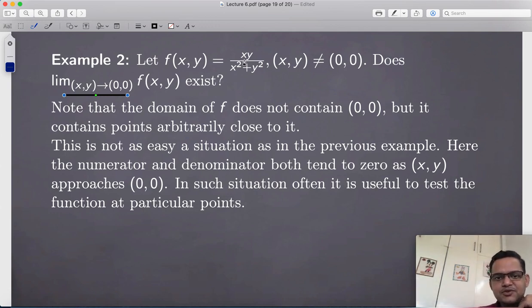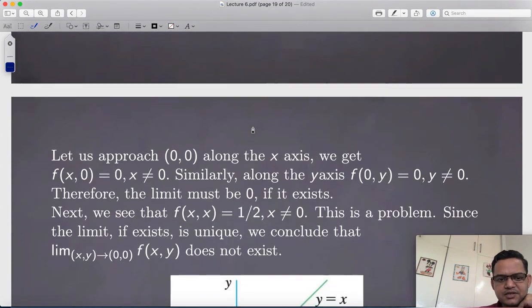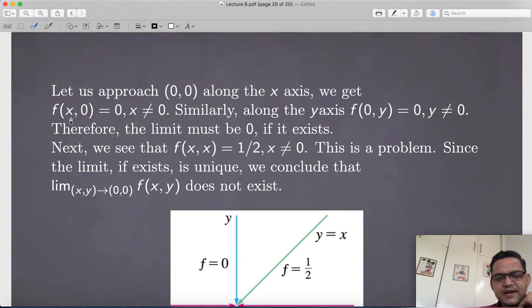So for example, I am going to put one of the coordinates to be 0. Okay, so let us do that. If I evaluate the function along the x-axis, both I cannot take 0, but one I can take 0. So what I am going to get, x y will be 0, and in the denominator x square will be there, which is non-zero, so it makes sense. So f of x y is 0.